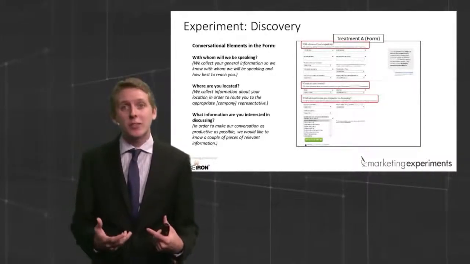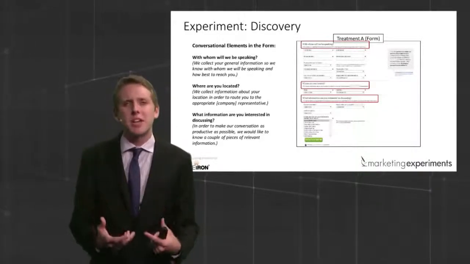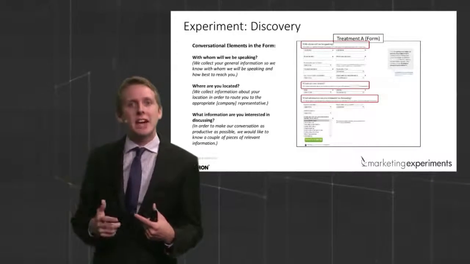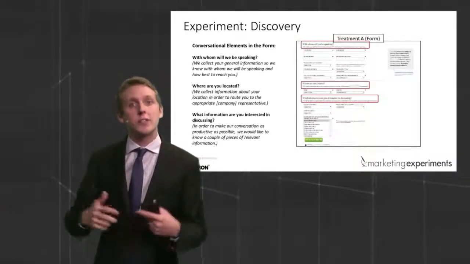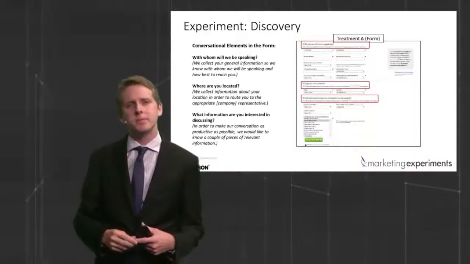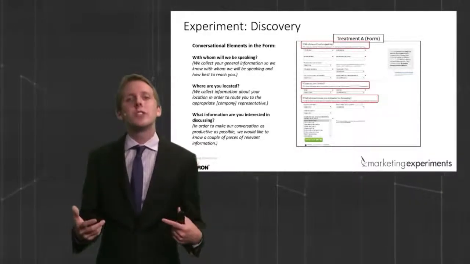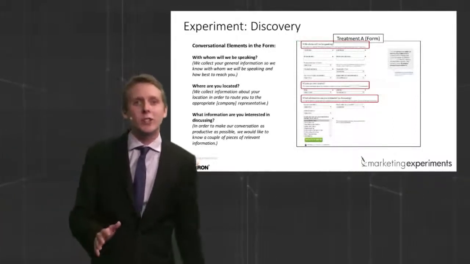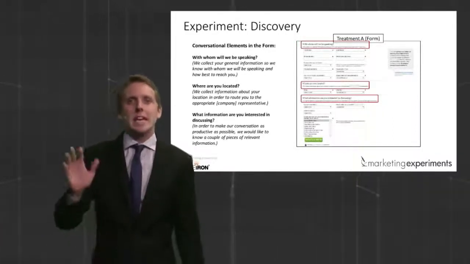Meaning, by asking these questions, we're communicating, hey, this conversation we're going to have offline is actually going to be useful because we're getting the stuff you want to talk about. We're connecting with you at a personal level. We're asking you questions that are actually going to make the future conversation more valuable. It's interesting. We often think form fields impact friction.